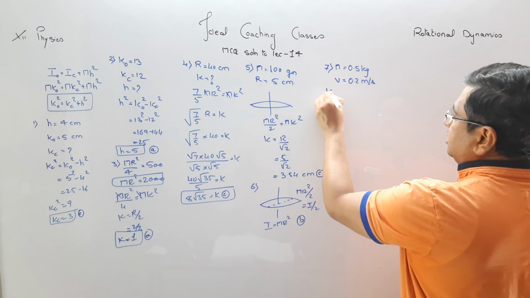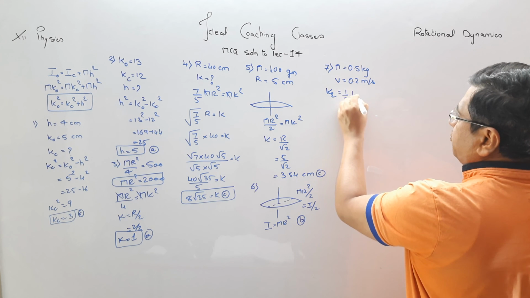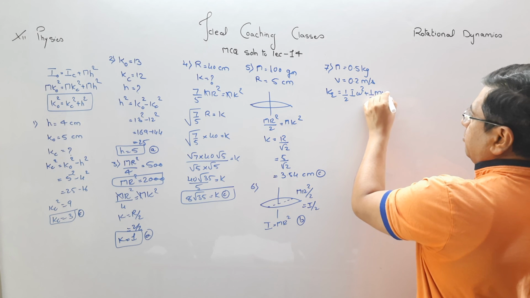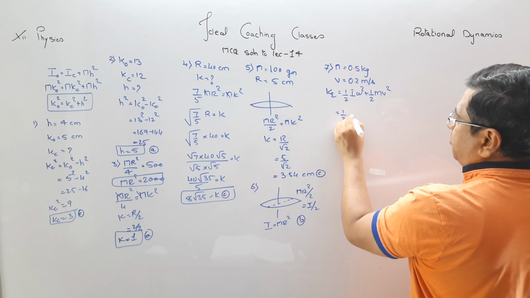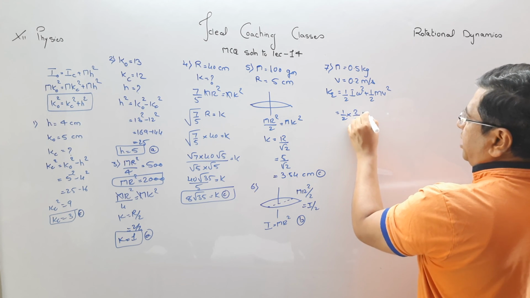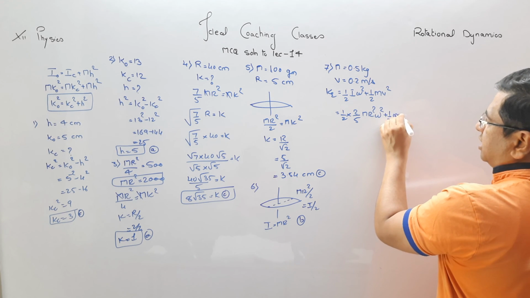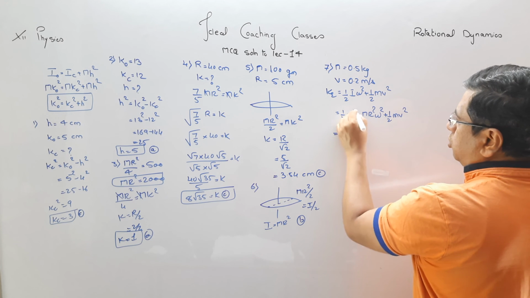So kinetic energy is half I omega square plus half mv square. For solid sphere है बच्चों 2/5 mr square into omega square plus half of mv square. 2 gets cancelled.